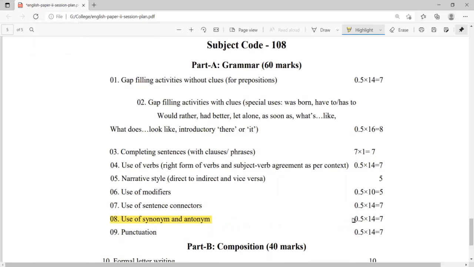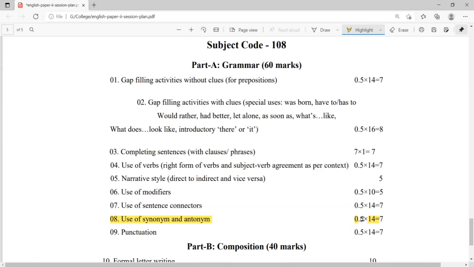Though earlier you had 10 gaps in the passage which is given for the test of synonym and antonym, now as the syllabus has been rearranged and the question number has been minimized, you will get 14 gaps in the passage which will be given to you for the test on synonym and antonym.